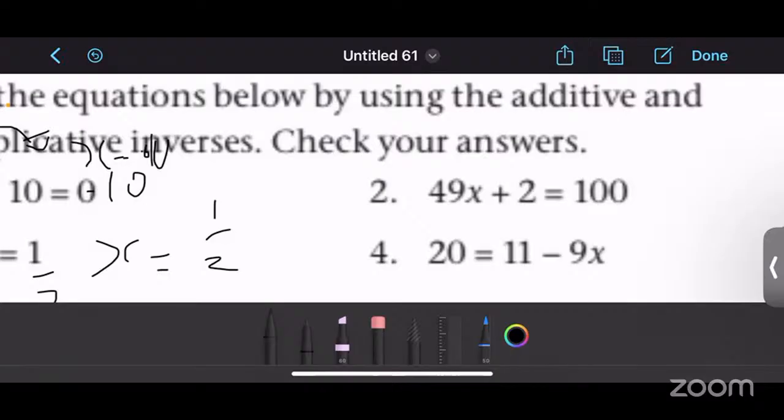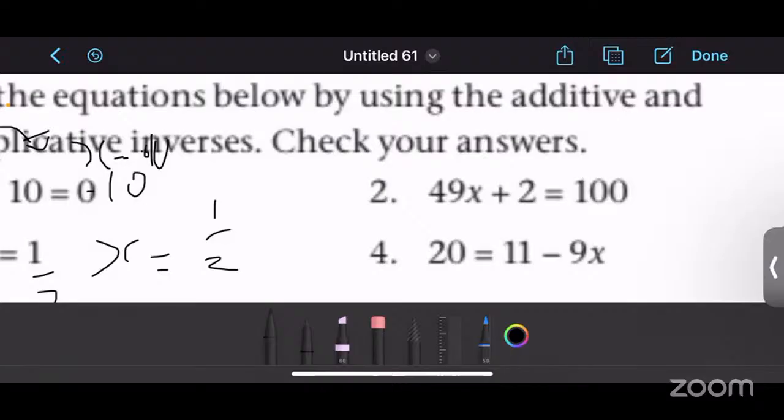So you're moving the 11 to the other side. What is it going to be? You are moving a positive. When you move it to the other side of the equal sign, what is it going to be? A negative.